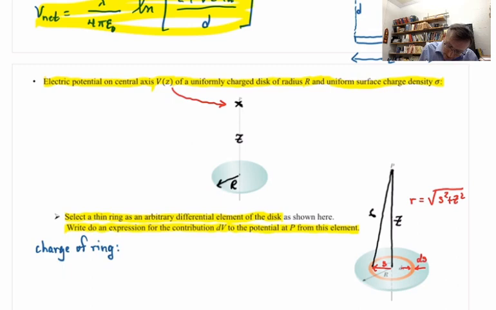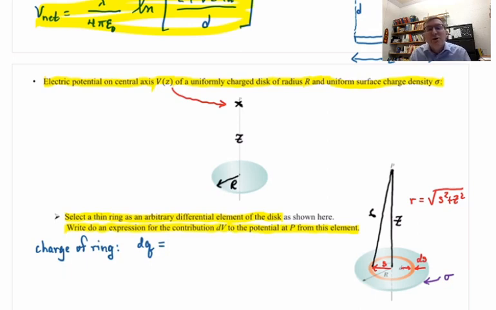I'm going to call that amount of charge dq because it's an infinitesimal width. All right, now let's not overthink it. Don't make it too complicated. You can see the little ring there, it's shaded in orange. Remember, this disk in general has a uniform charge per unit area sigma all over its surface.